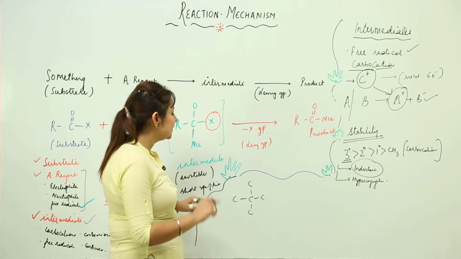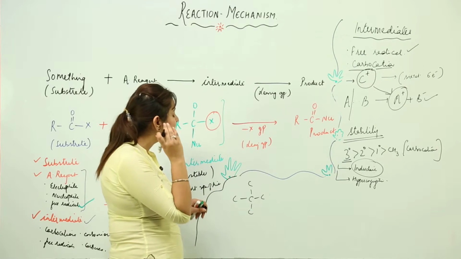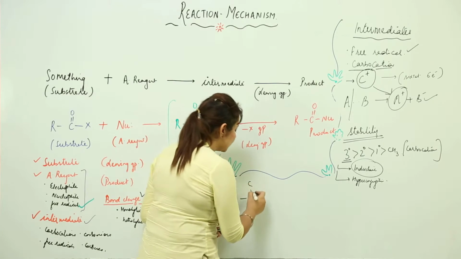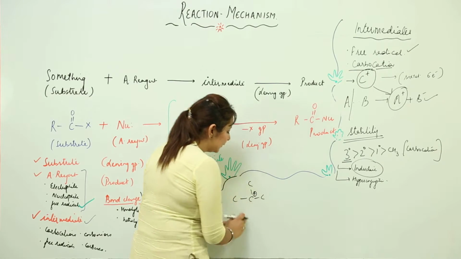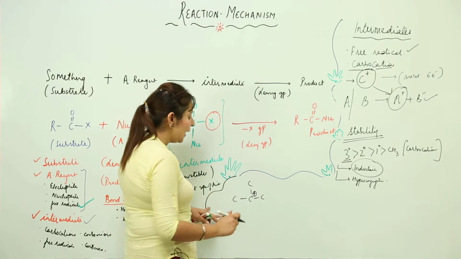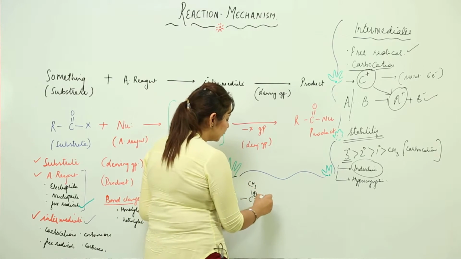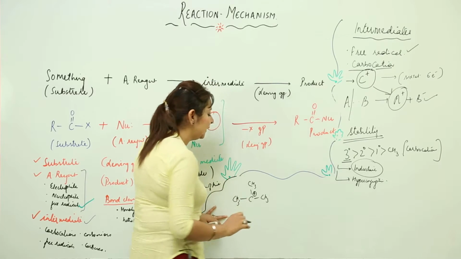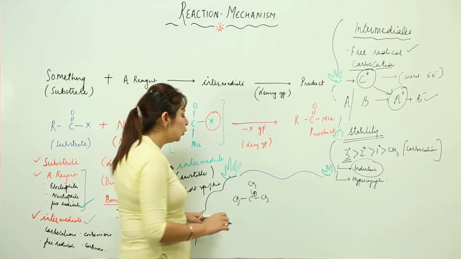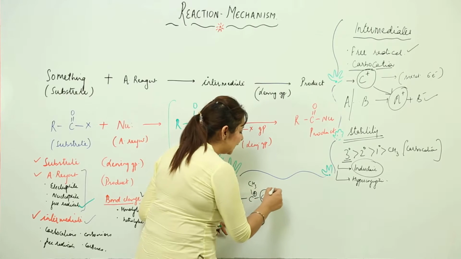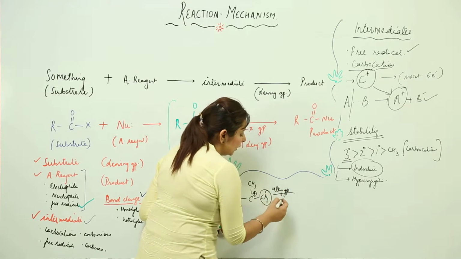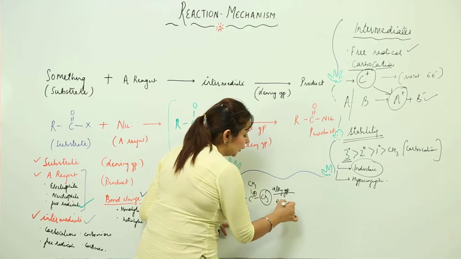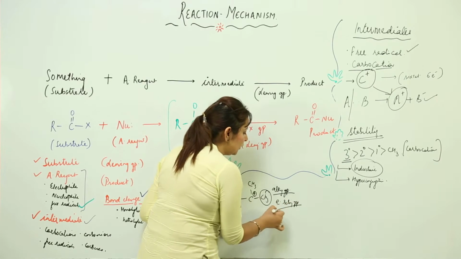Now in the 3 degree, what we see is that here it will have a positive charge. There are alkyl groups attached to it, and as we know, alkyl groups are electron releasing groups.